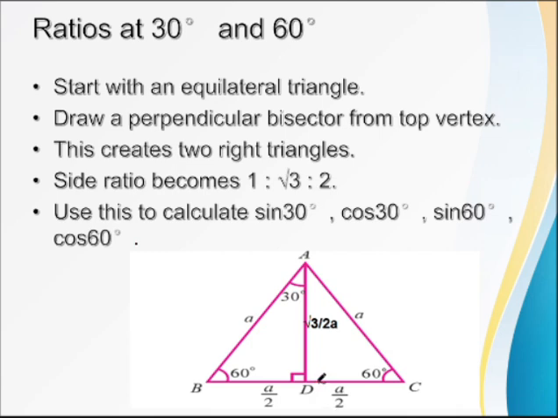We get two right angled triangles with angle B as 60 degrees and angle BAD as 30 degrees. BD is A by 2, which is half of A. So we get height AD equals root 3 by 2 A.